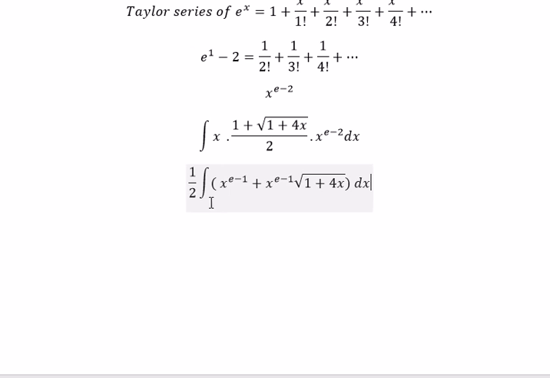Next, the integral of s to the power of e minus 1, you will get 1 over 2 multiplied with s to the power of e minus 1 plus 1 over e minus 1 plus 1. So you get s to the power of e. And this one you get e. Now we just have the second one.